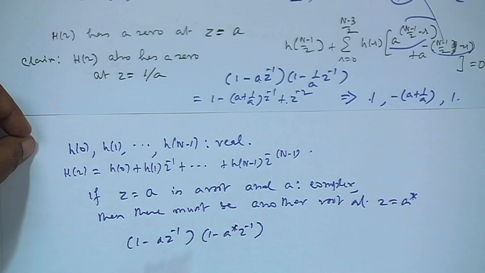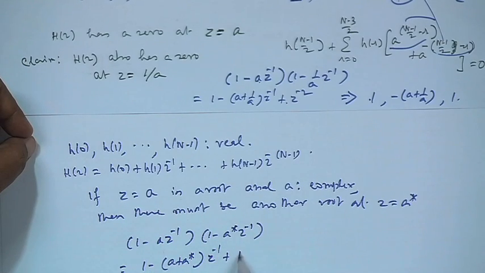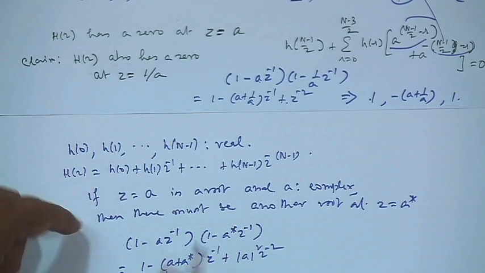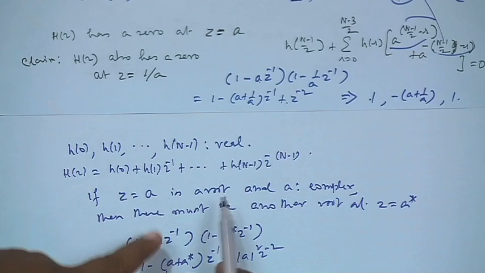Together if you multiply just these two, what will happen is 1 minus A plus A star z inverse and A into A star, that is mod A square, z inverse 2. And you see A plus A star is real and mod A square is real. So, you get a polynomial with real coefficients. So, this way whenever you have got a complex root, there will be another root conjugate of it.